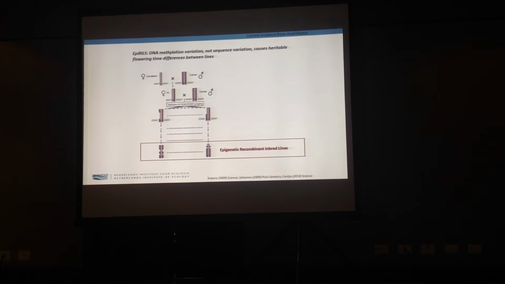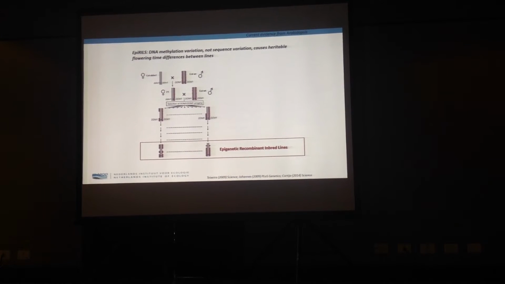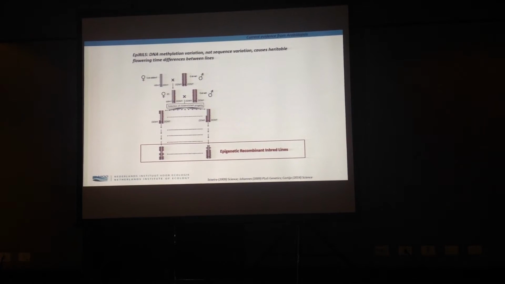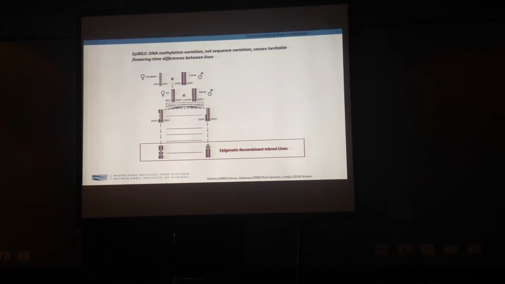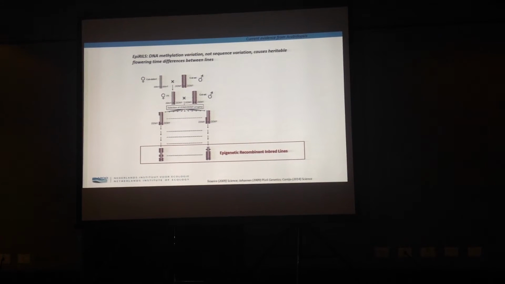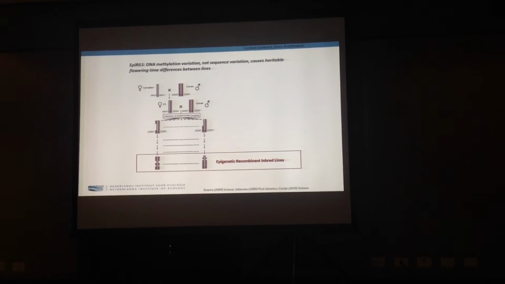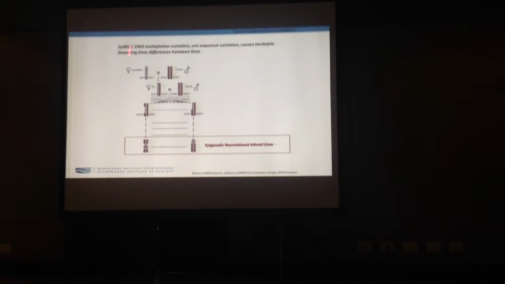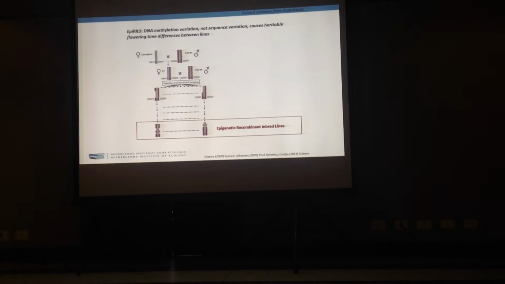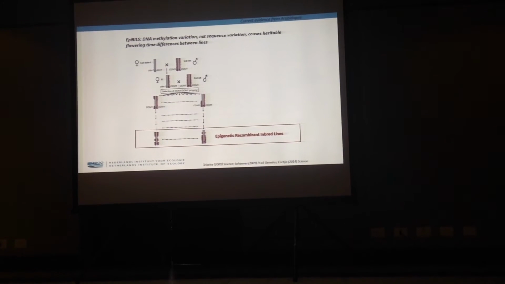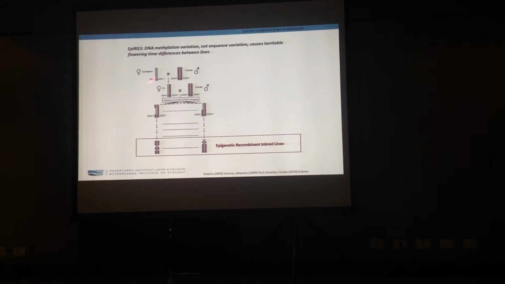One of the very cool experiments that was done in the lab of Frank Johannes was the epiRILs. EpiRILs are synthetic lines of Arabidopsis in which there is a line which is deficient for a methyltransferase and a wild-type plant.